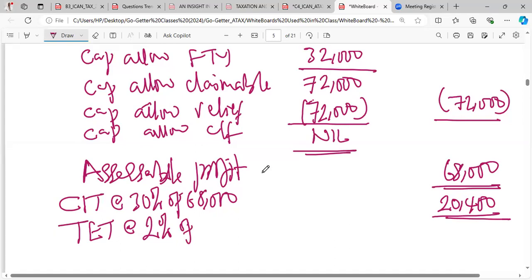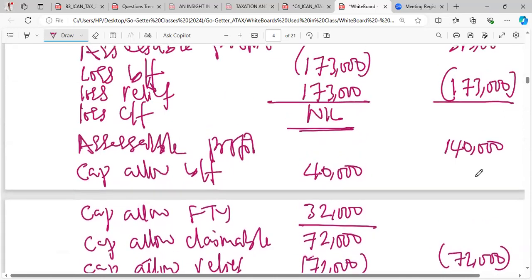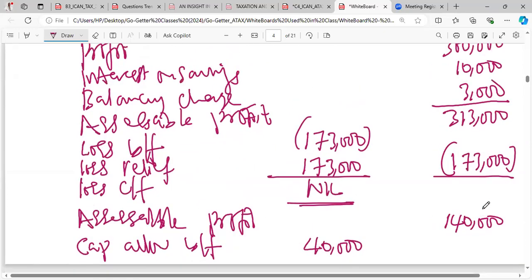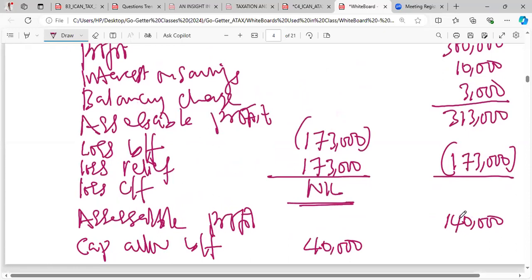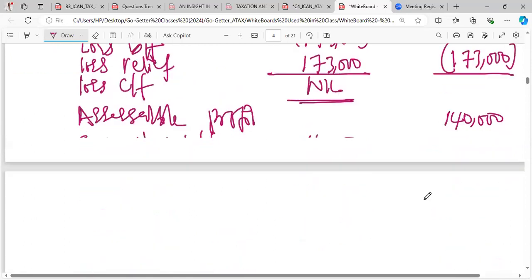Now, tertiary education tax at 2% of what? It cannot be of this assessable profit of 68,000, and it also can't be 140. The first assessable profit we had is 313,000. This is before the loss relief and the capital allowance.